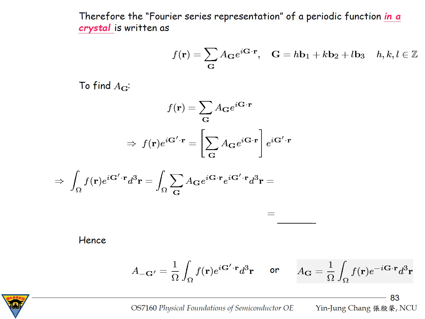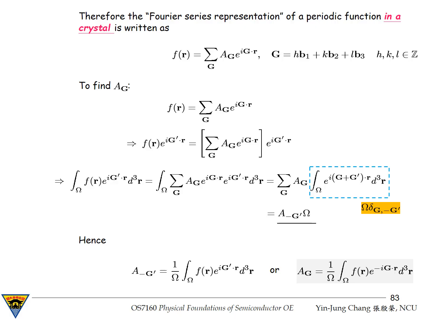We multiply both sides of the equation by another basis function, e^(ig'·r), and then integrate over one primitive cell volume. We obtain the expression shown here, which after rearranging the order of integration and summation, we end up with the expression as shown.